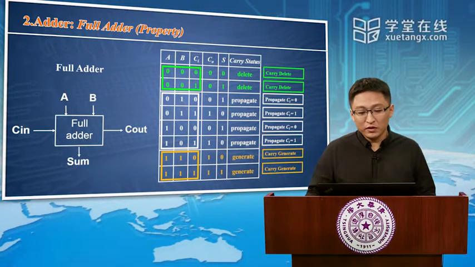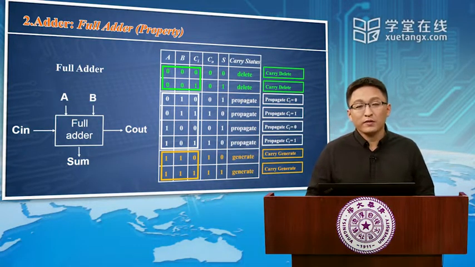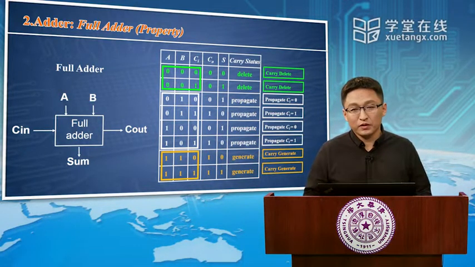You can find out here, when Ci equals 0, then CO equals 0, and Ci equals 1, then CO equals 1. So this is called carry propagate. Okay, so we have 3 different things: carry delete, carry generate, and carry propagate.